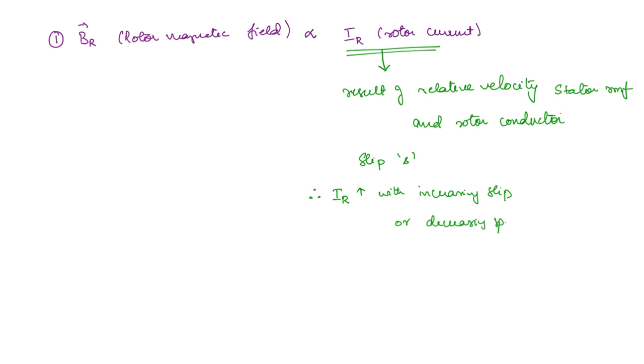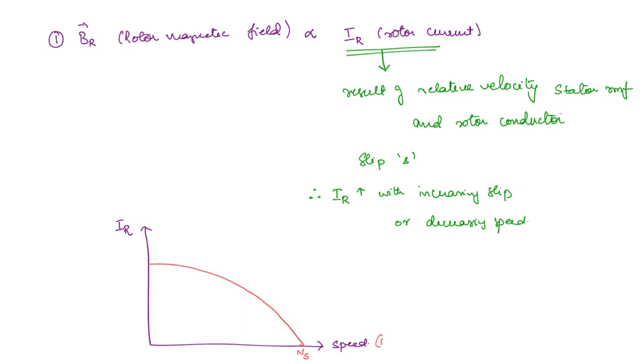So this plot will actually be something like this. If we take this as IR and the horizontal axis is speed, then as speed increases, IR is going to reduce and it is going to drop to 0 when the speed reaches the synchronous speed.